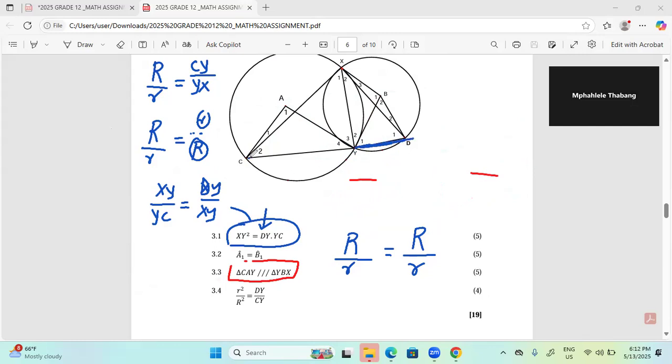There is this guy CY. One comes from this triangle. The other comes from this triangle. Okay. Is this triangle even similar?